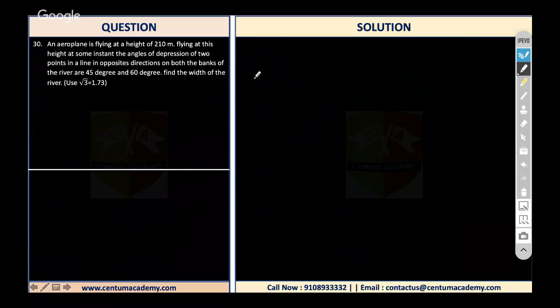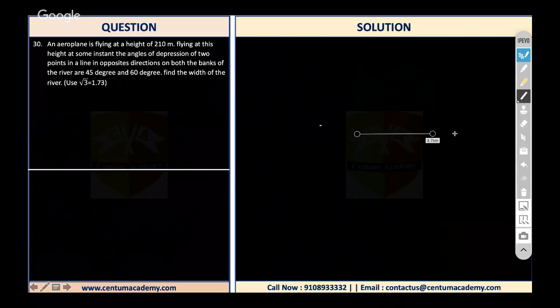So an aeroplane is flying at a height of 210 meters. At some instant, the angles of depression of 2 points in a line in opposite directions on both the banks of the river. Okay, so let's say this is the river.